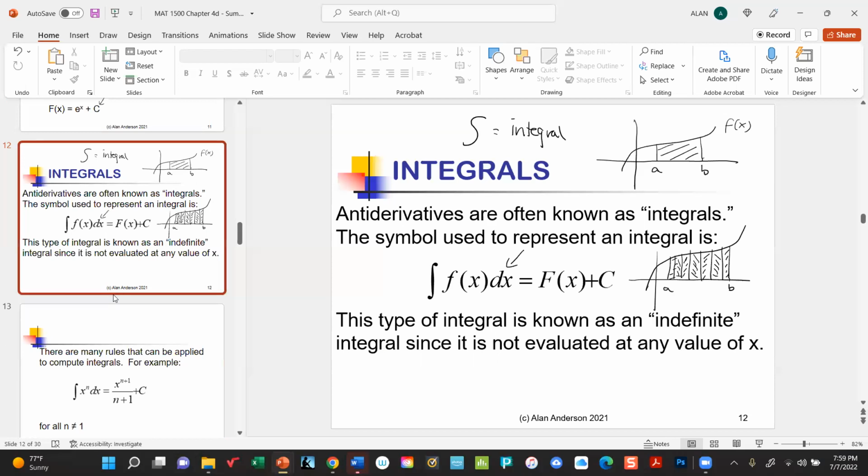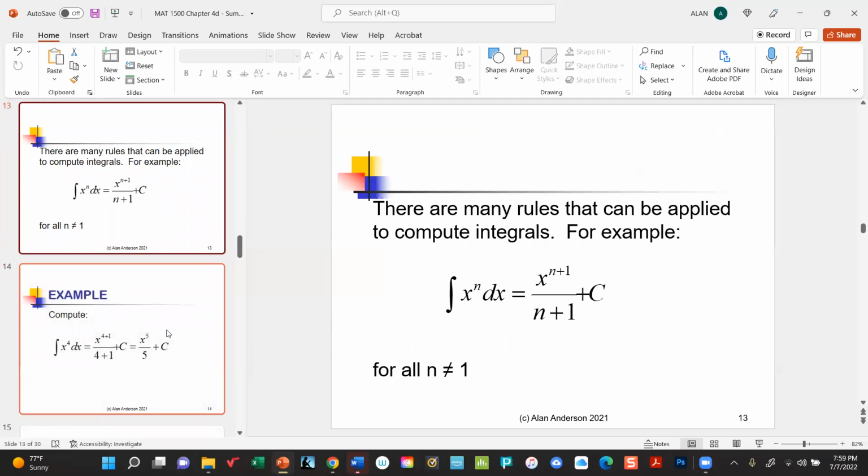Now, here's a formula that you'll find very, very helpful. If you're asked to take the integral of x to the n, where n is anything but -1, that has its own separate rule. The integral is x to the n plus 1 over n plus 1. Now, we can prove it right now. What you're doing is using the power rule.